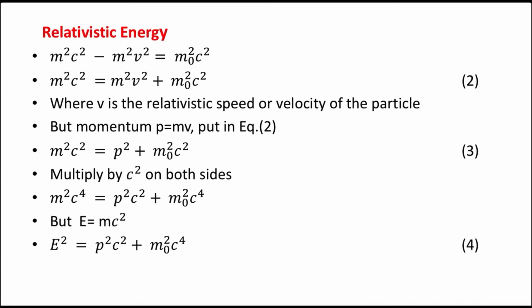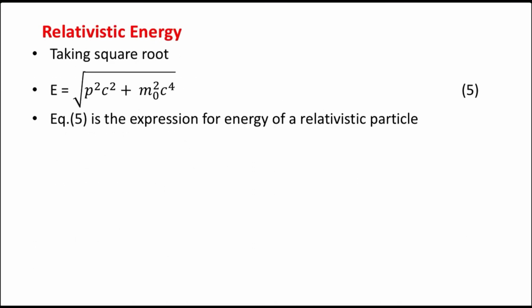But we also know the Einstein's famous mass energy equivalence relation, E is equal to mc square. So the left hand side of this equation can be substituted by E square. Put m square c raised to the power 4 is equal to E square, and this is equal to now p square c square plus m0 square c raised to the power 4.